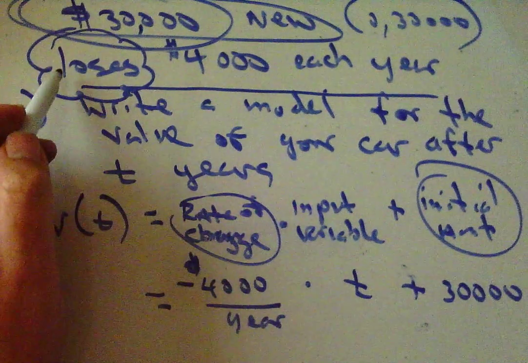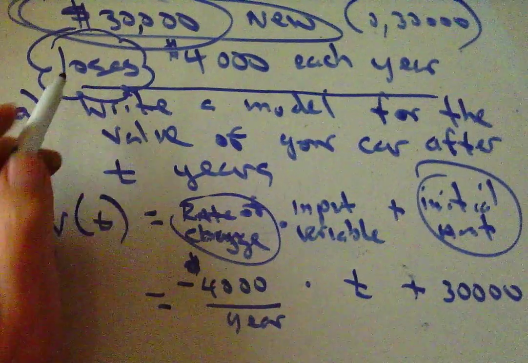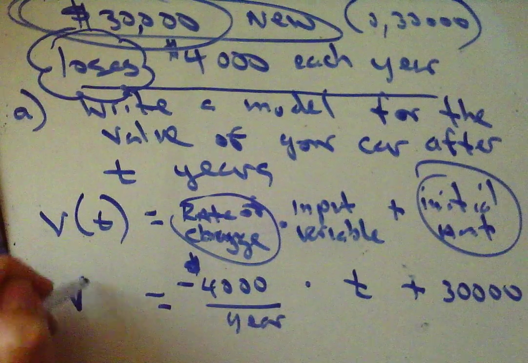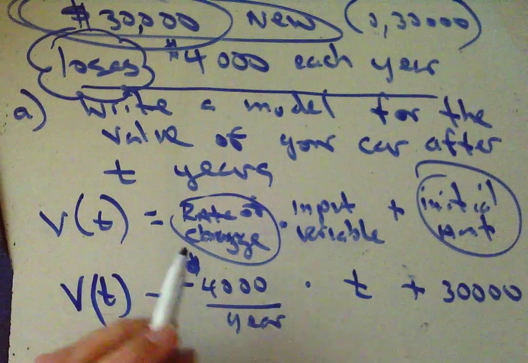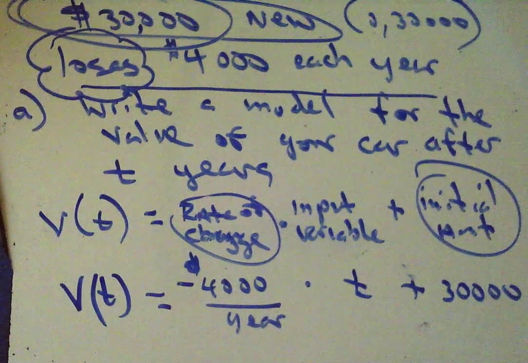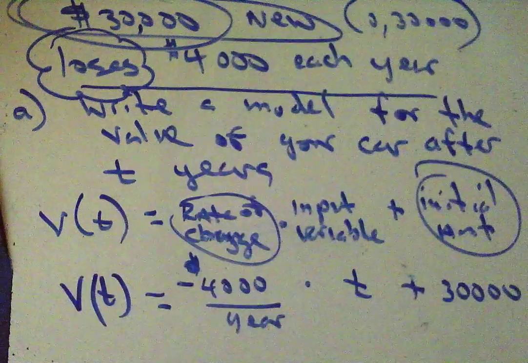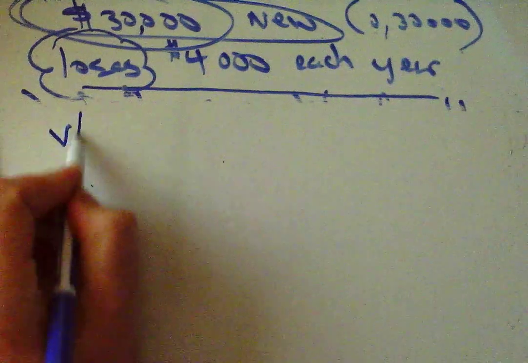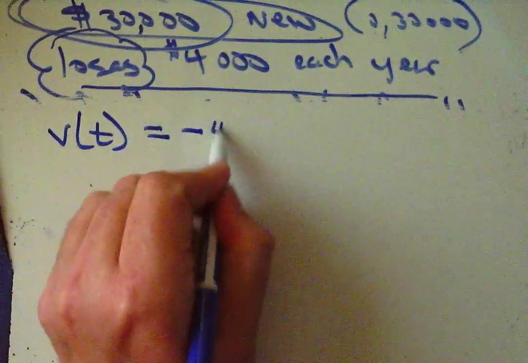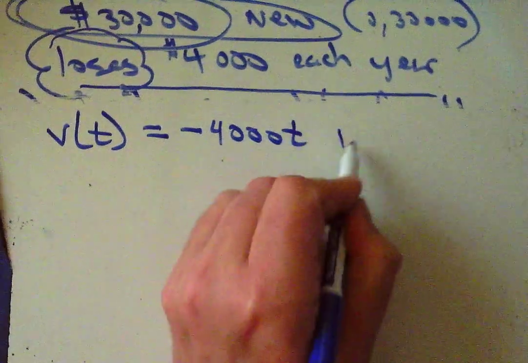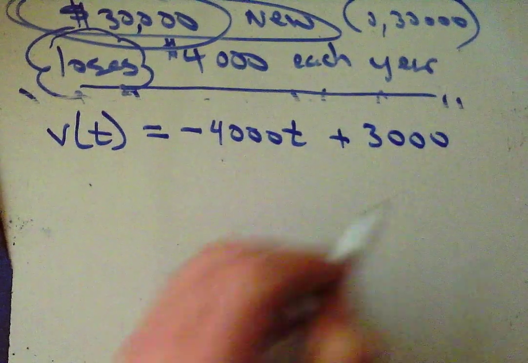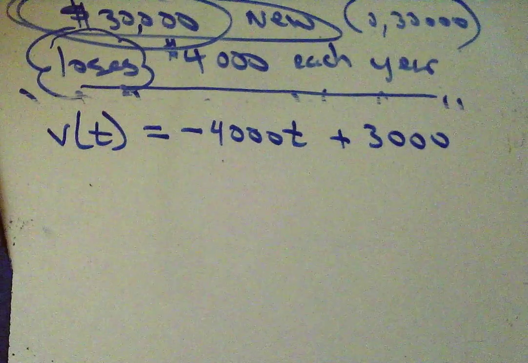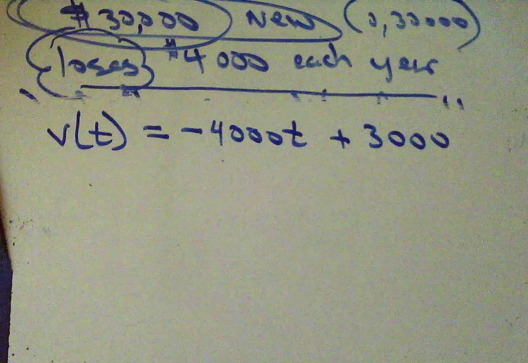So pay attention to those words. We need to translate their meaning into our math. So V of t equals negative 4,000t plus 30,000. There we built the linear model, and now I need to answer some questions.